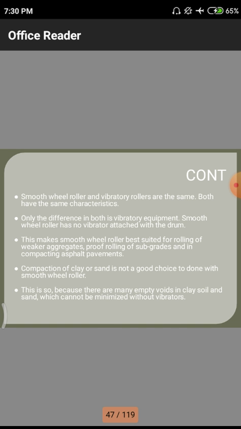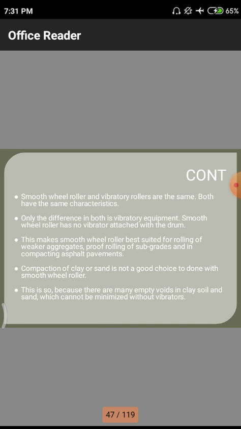That means this is not suitable for clay soils and whatever soils have smooth materials. The smooth wheel rollers are not suitable. Only sheep foot rollers are suited for those kinds of surfaces, that means granular irregular soils and others.